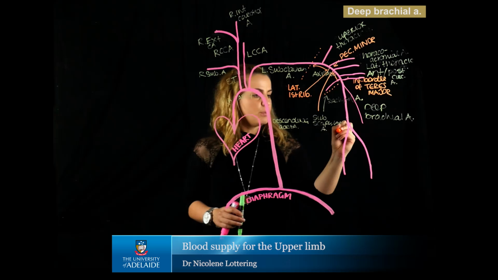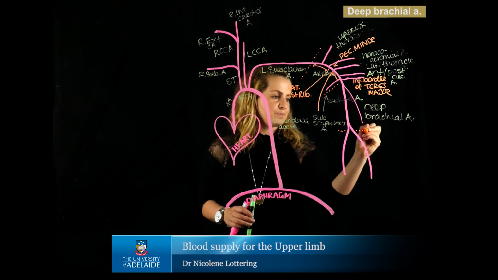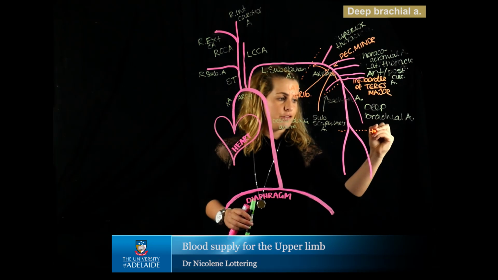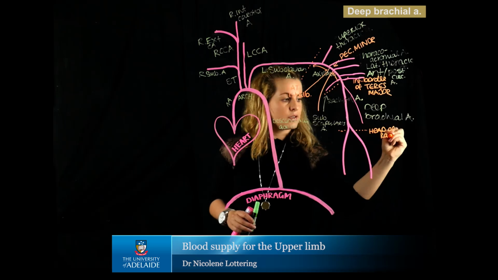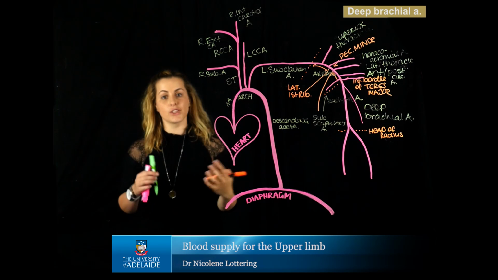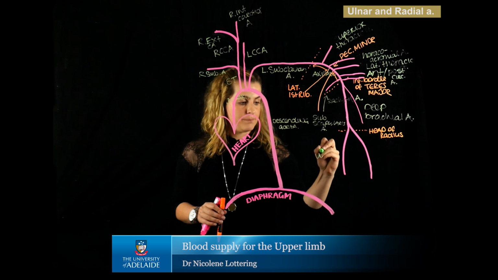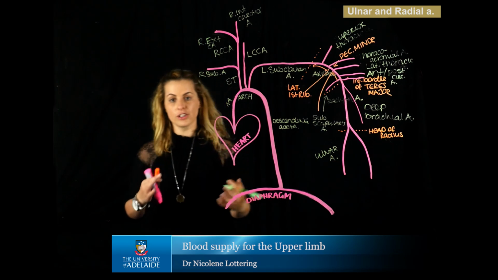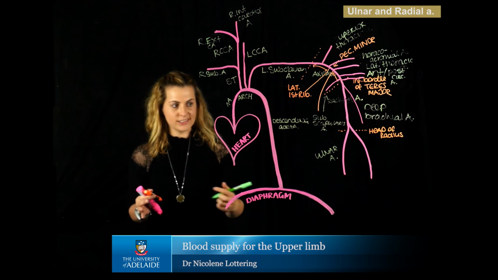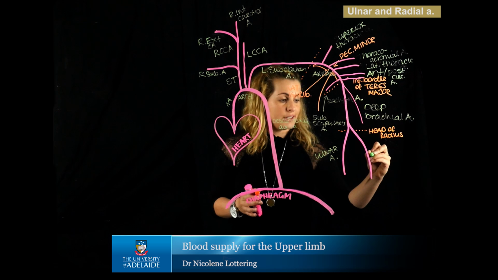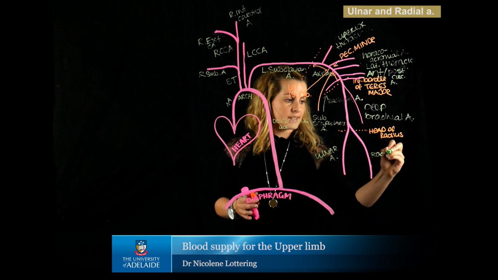When we reach the point of the cubital fossa, particularly the head of the radius, the brachial artery is going to bifurcate into the ulnar and the radial artery. So the ulnar artery is always going to be on the medial aspect, and the radial artery is always going to be on the lateral aspect.